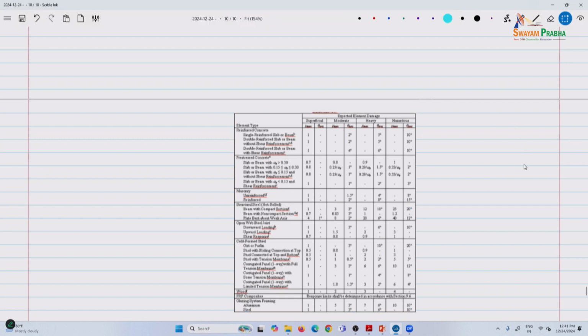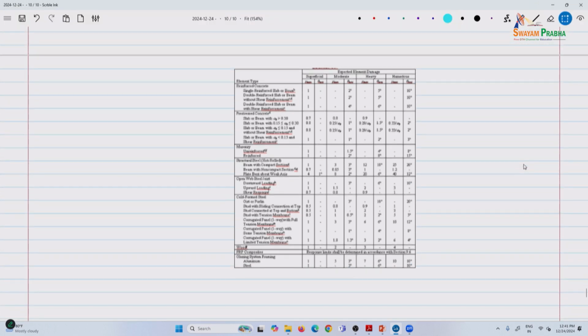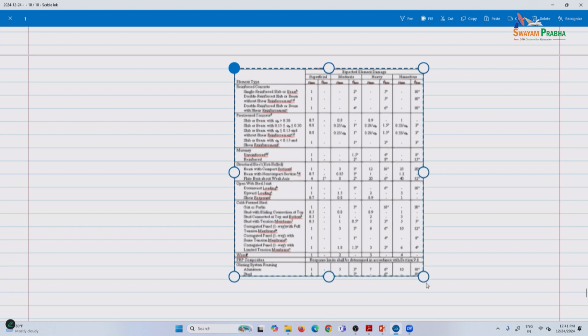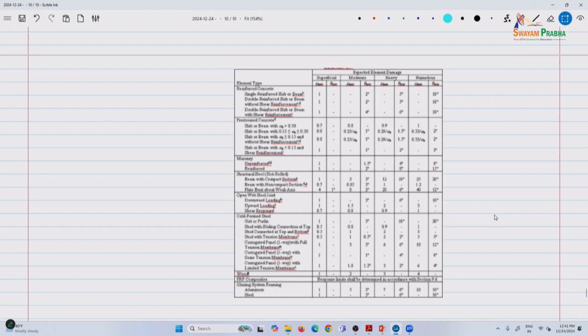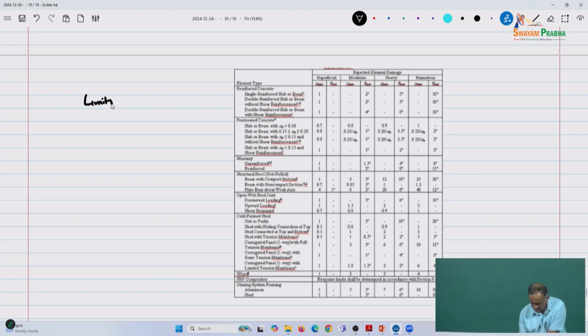If you see, I don't know if it is clear enough, but several things to observe here. These are limits on mu, which we call the ductility ratio, and theta, the support rotation.